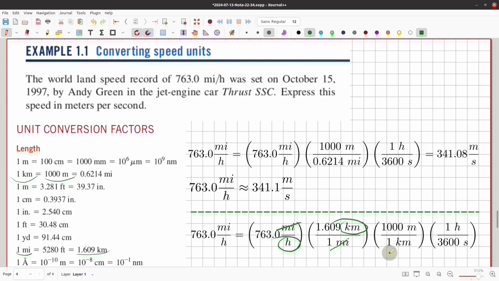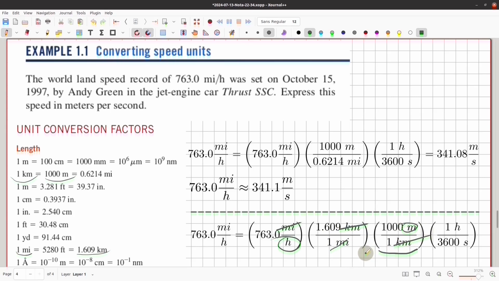Next, we bring in our second conversion factor. 1 kilometer equals 1000 meters. We put kilometers on the bottom to cancel with the kilometers we have now. Kilometers cancel out, and we are left with meters in the numerator.